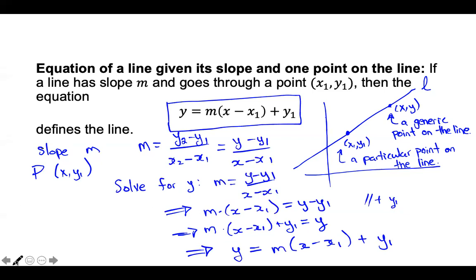So this essentially means that a point, I'll write it up here, point x, y that is on this line has to satisfy this.